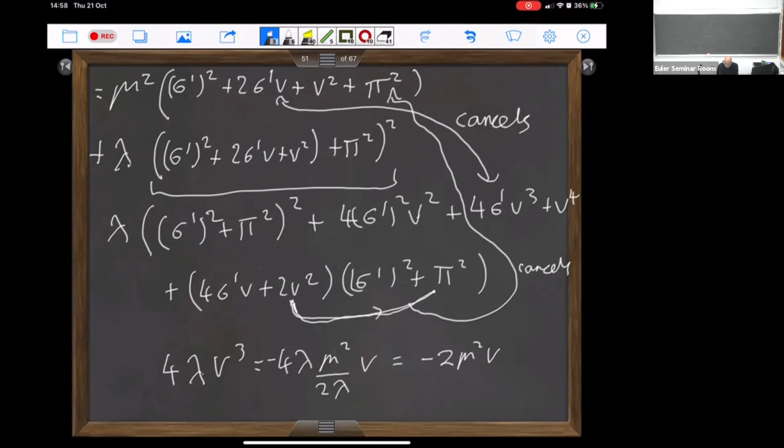And similarly, this linear term in sigma prime over here cancels with the linear term in sigma prime over here. So I'll leave that as an exercise for you to go through. I don't want to go through it now, as we've got a lot of material to get through.